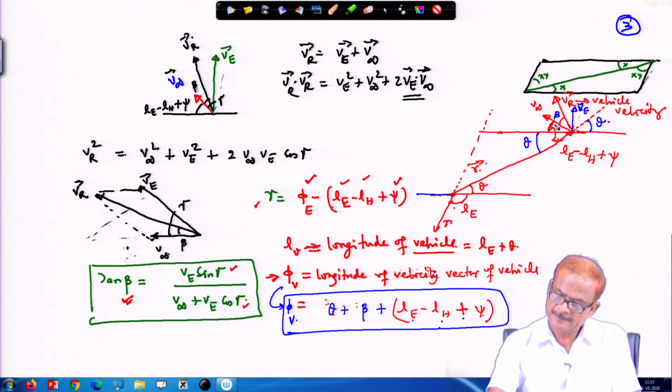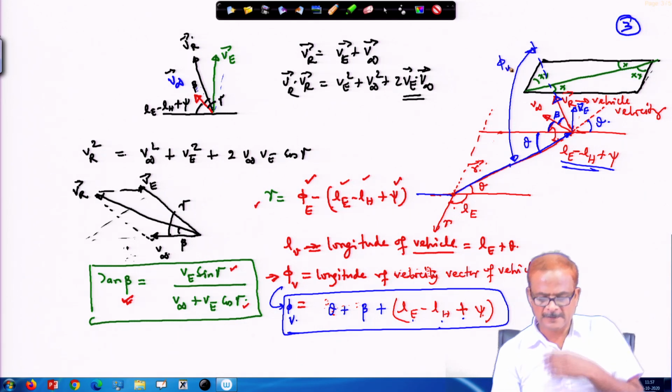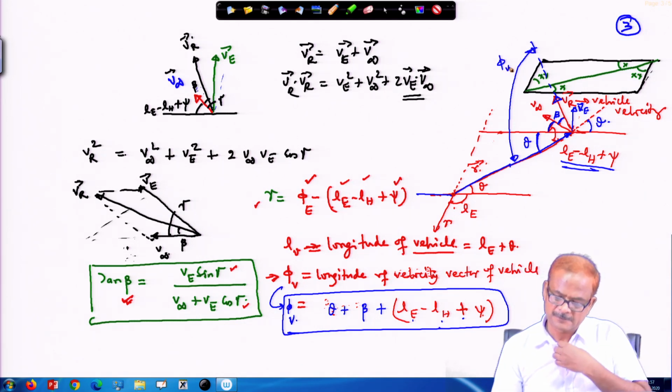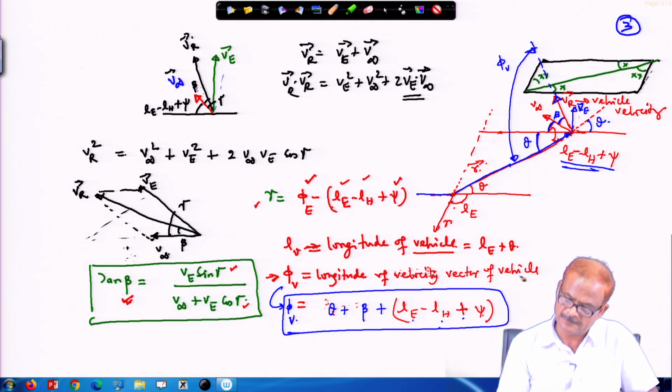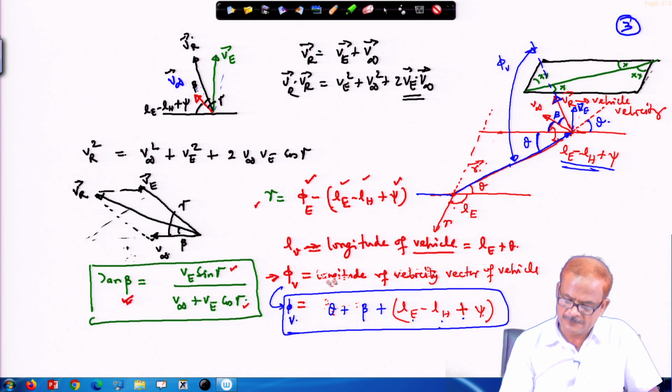So, this angle L E minus L H we have added, plus beta we have added, plus theta we have added. So, with respect to this line, how much angle is V r making? Okay, if we draw it like this, this is the angle we are writing as phi v. So, we should rather not write this as the longitude, but as the angle of the velocity vector of the vehicle with respect to the radius vector. The longitude is always measured with respect to the vernal equinox.